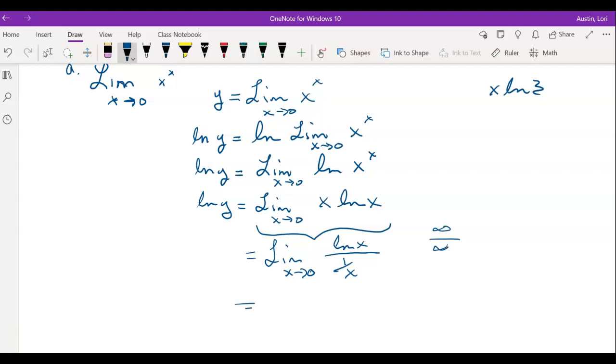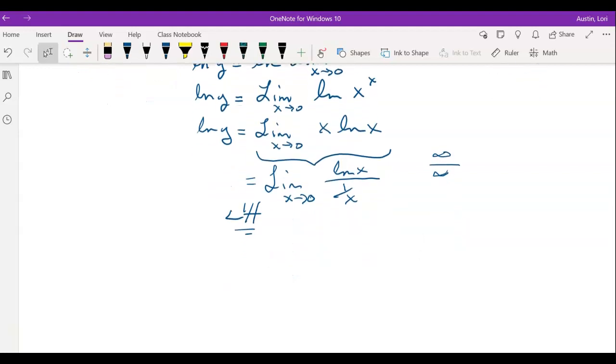Now I can apply L'Hopital's to that. I want the limit, and when I apply L'Hopital's rule, I need to take the derivative of everything. What is the derivative of ln x?